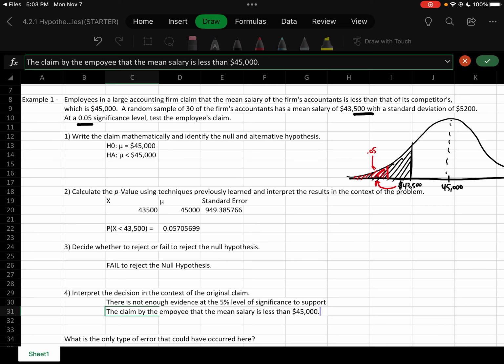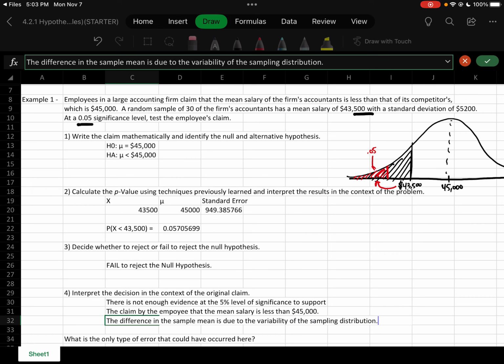Now, again, what does this mean? The mean is clearly less than $45,000. Why did this happen? Why are we rejecting this claim? We're rejecting this claim because within any sample that I take from a population, there will be variability. The difference in the sample mean is due to the variability of the sampling distribution.